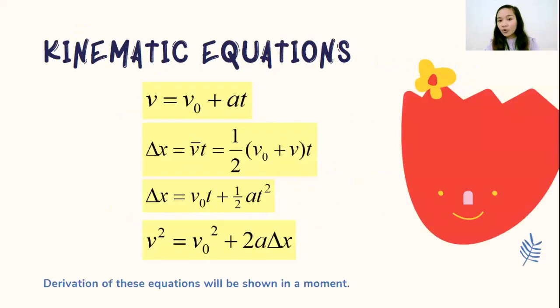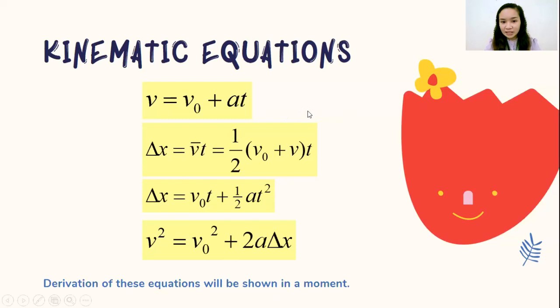There are four kinematics equations. These are the four important equations. It is not necessary to memorize these equations, but you have to familiarize yourself with them. All of these have different uses, depending on our word problem.